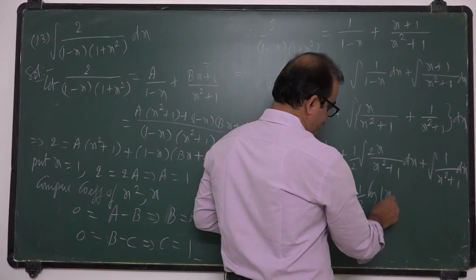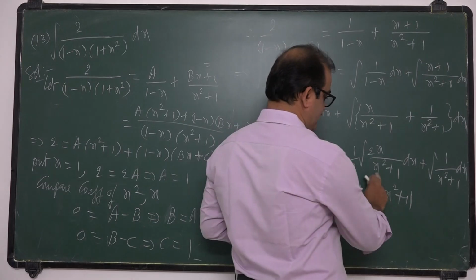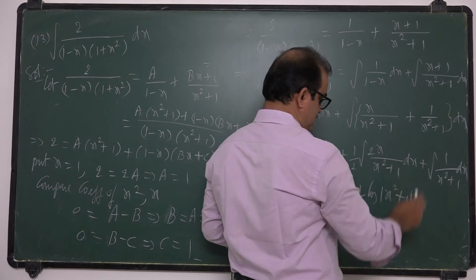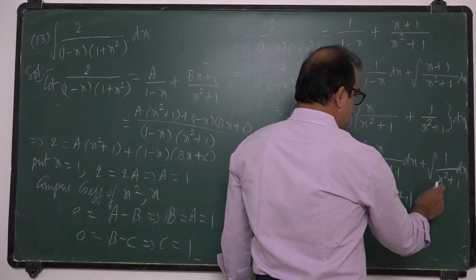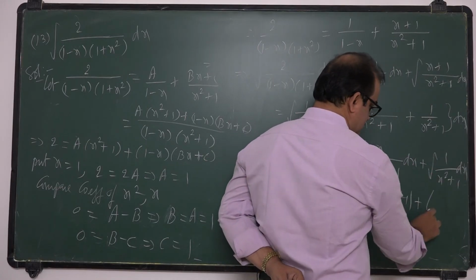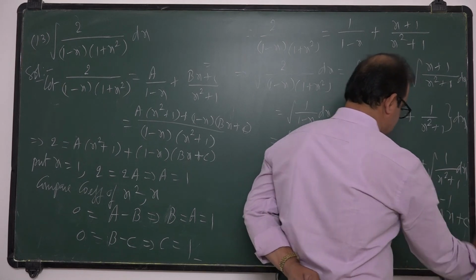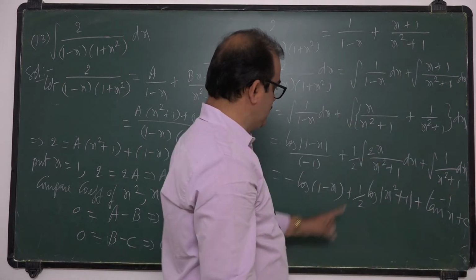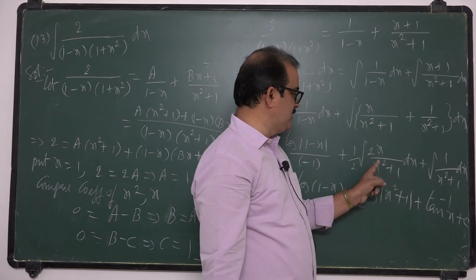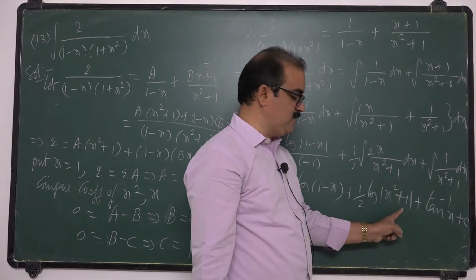Log of, what is the denominator here? x squared plus 1. The other term is in the form of integral 1 by (1 plus x squared) dx. Its integration is tan inverse x plus c. Here we apply the formula integral f dash x by f of x dx, that is log of f of x.